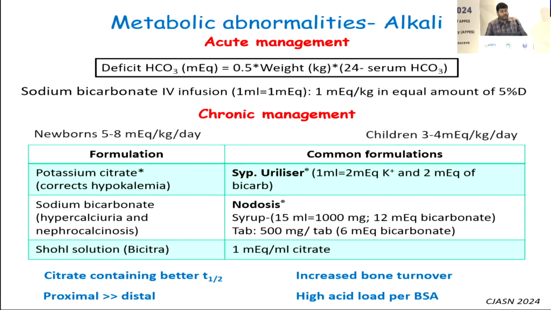Similarly, the bicarbonate based formulations have concerns in terms of CO2 generation in the gastric lumen, and they can cause belching. Coming to the electrolyte, that is the potassium and the sodium, potassium citrate would be beneficial in renal tubular acidosis, as we would have hypokalemia in association with metabolic acidosis.